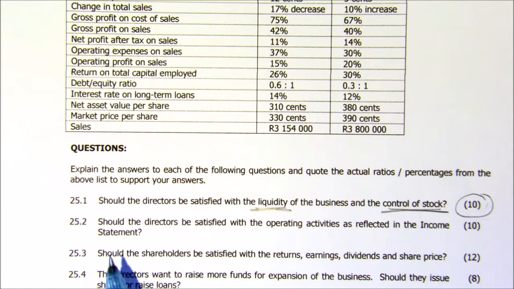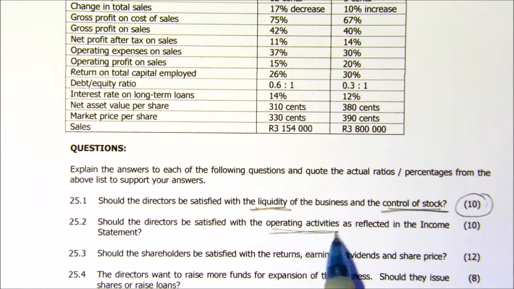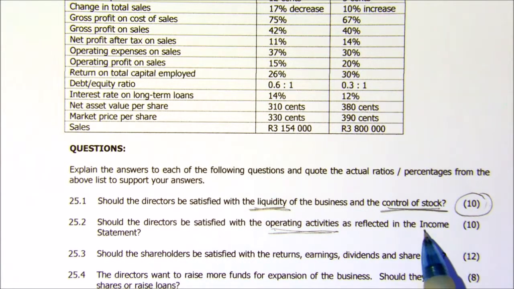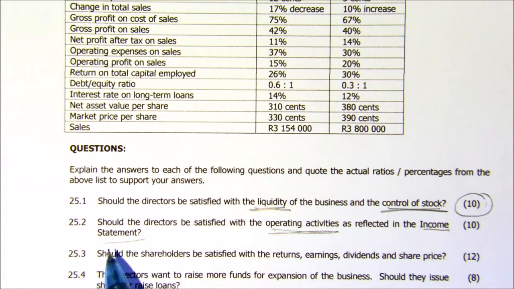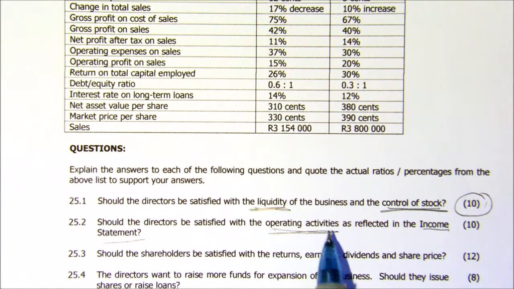Right, so now we're looking at the second question, and it says, should the directors be satisfied with the operating, there's the important thing, operating activities as reflected in the income statement? Although they've said income statement to you here, it's actually not necessary. You need to know that operations, and you come across this word when you do cash flow as well, the operating of the business.